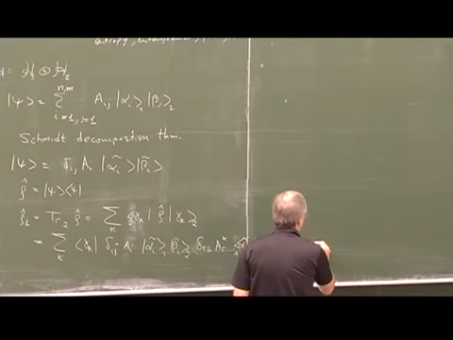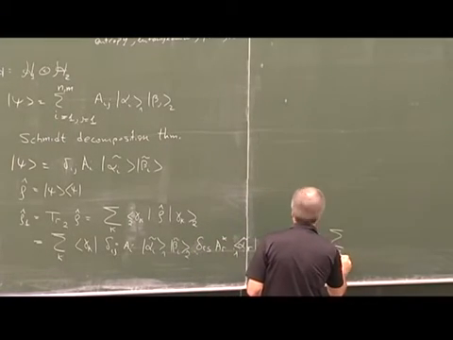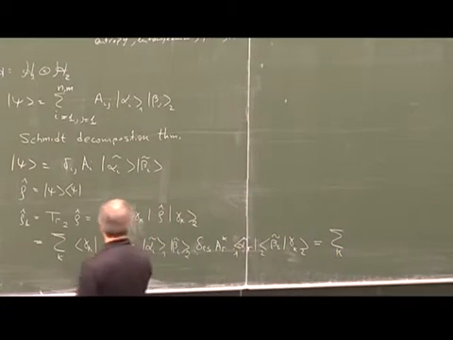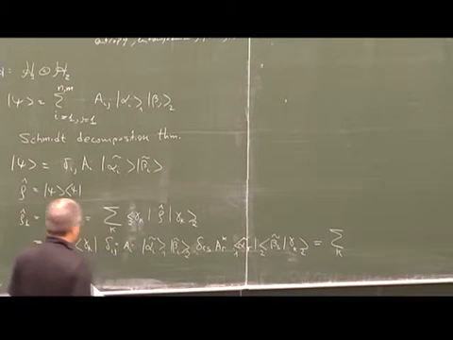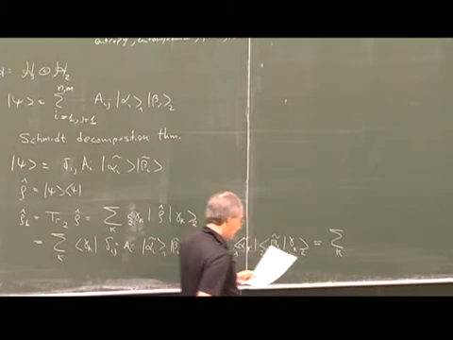And then I can continue here, and I get the sum over k. You see here, from that I get delta ki, and from that I get delta rk.